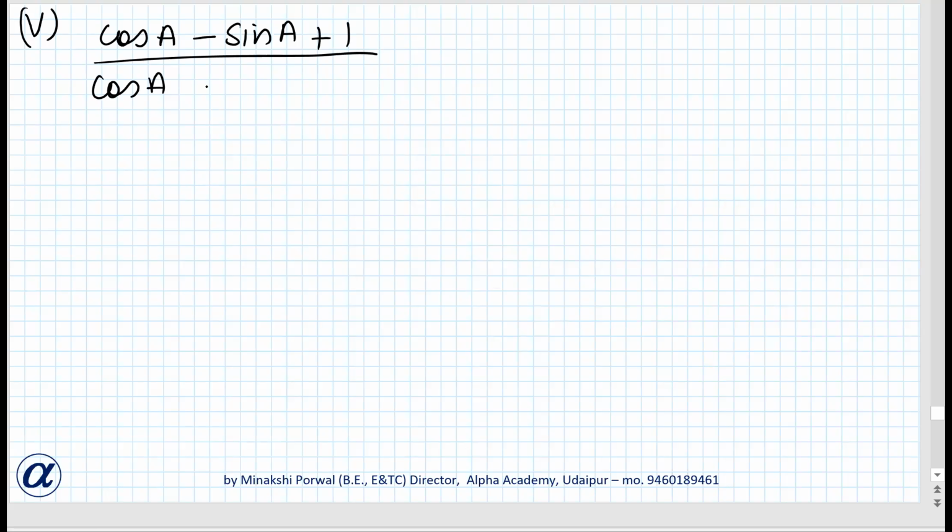Okay. So coming to the fifth part. Cos A minus sin A plus 1 upon cos A plus sin A minus 1 equals cosec A plus cot A. Here in this question, it is given that we have to use this identity only.